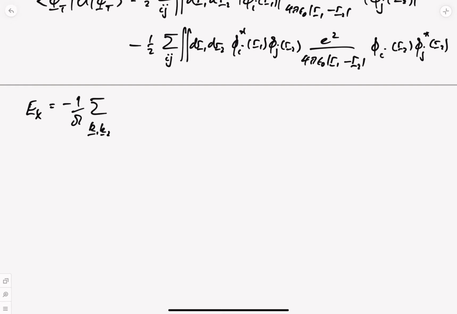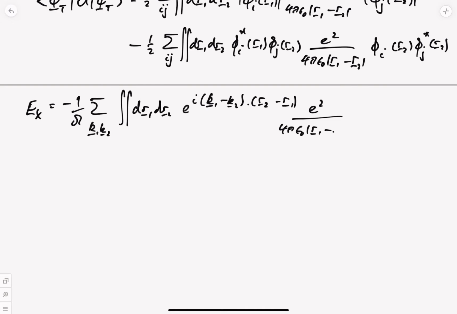That's equivalent to the sum over i and j. Double integral over dr1 dr2 of e to the i (k1 minus k2) dotted with (r2 minus r1). And then we have an e squared over 4 pi epsilon naught |r1 minus r2|.